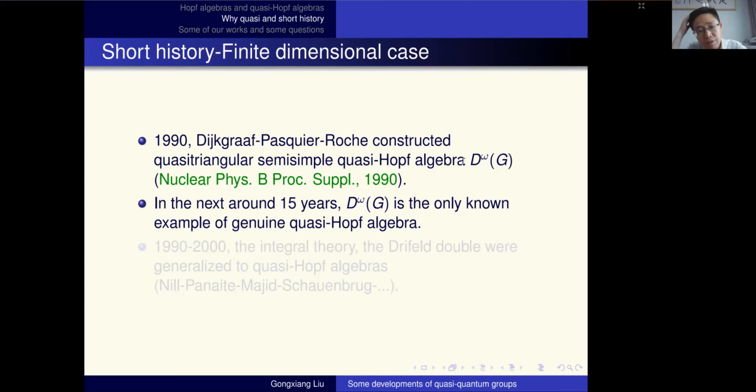You can find some non-trivial cocycle, but D^omega(G) is still not genuine. This also tells us that it is not easy to determine whether a quasi-quantum group is genuine or not. Even in a textbook we can make mistakes.